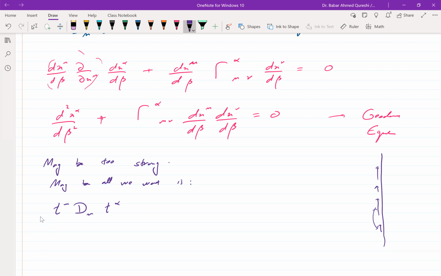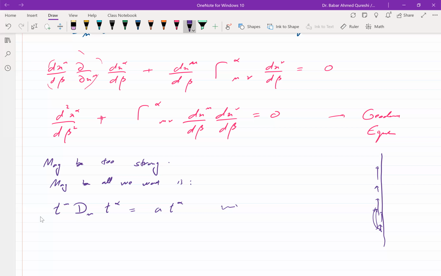When I was putting it equal to 0, I was demanding that as I go from one point to another, I identify the vectors exactly. But that may be too strong for the definition of a line with arbitrary parameterization. So all I demand is that when I subtract these two vectors, I get a vector pointing in the same direction, so it should be a multiple of the same vector.